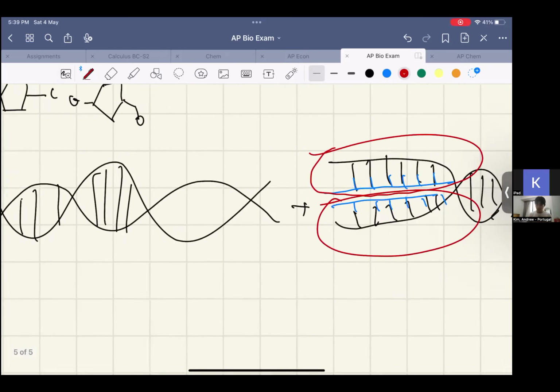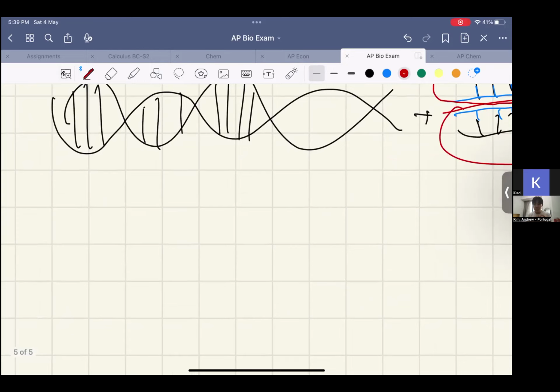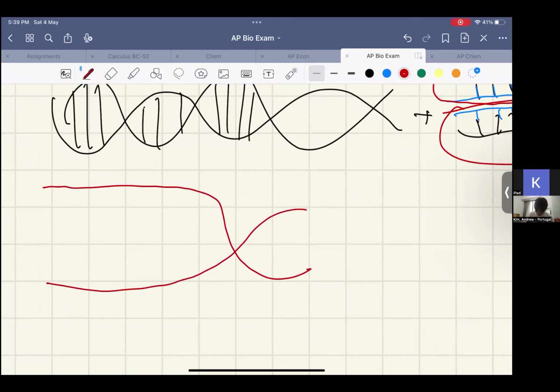So the first step of doing this is ripping off the DNA into 2 pieces or 2 strands, right? And how that happens is we use something called helicase, okay? So if you look at the DNA like this, we have something that looks like a scissor, which is called helicase. This helicase will go through the DNA to sort of rip it open. It's like a zipper, right?